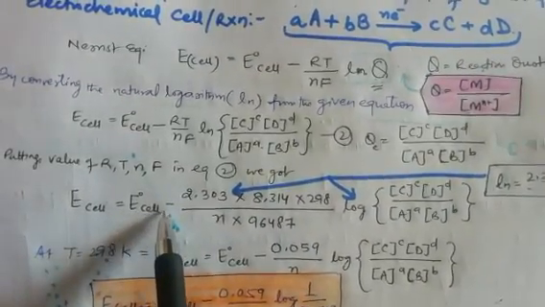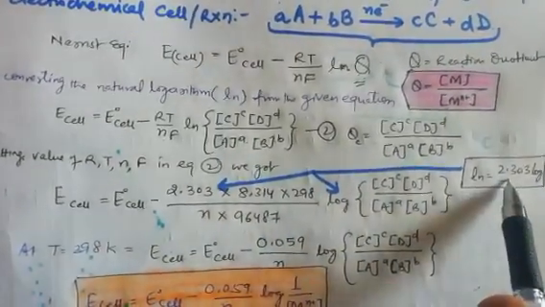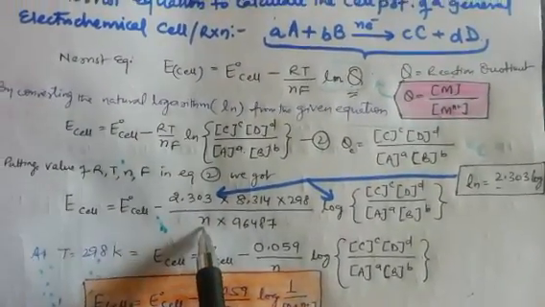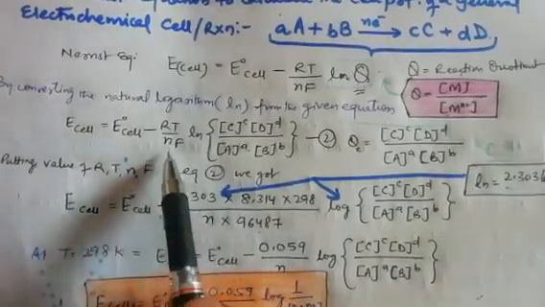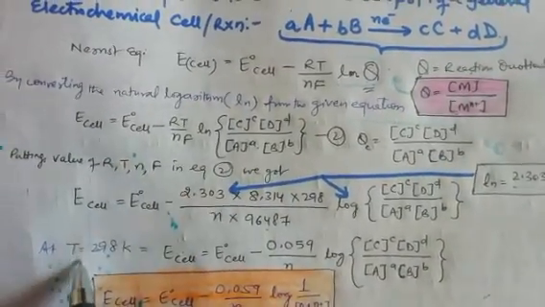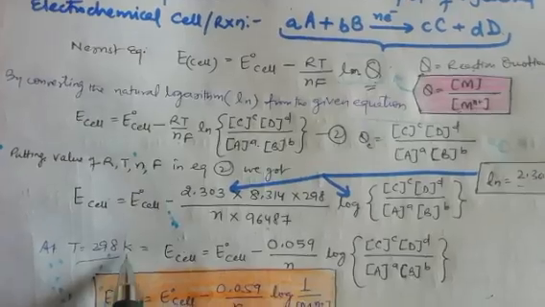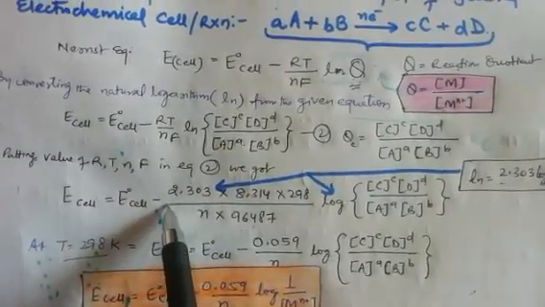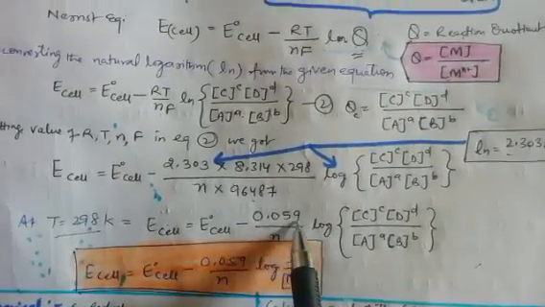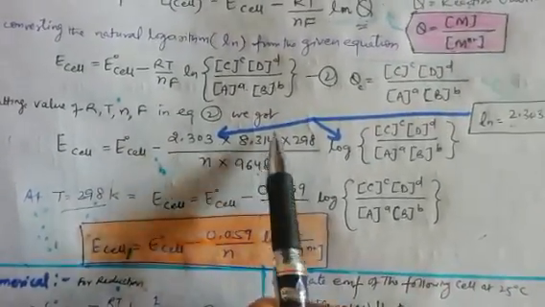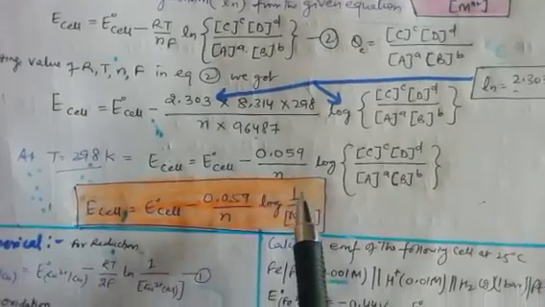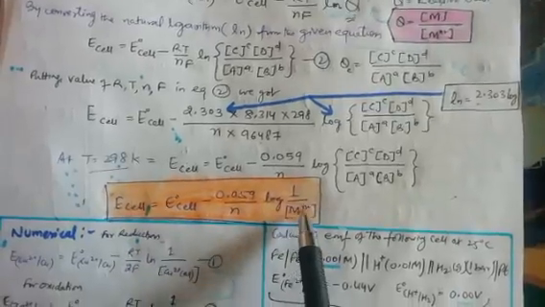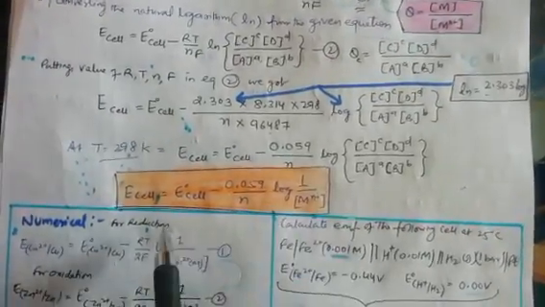So E cell becomes E naught cell minus 2.303, 8.314 is the value of R, 298 is the temperature, n is the number of electrons, and 96487 is F. By putting all these values at room temperature, 298 Kelvin, after calculating with a calculator, it comes to approximately 0.059. So now in place of this we will write this. We simplify the equation, and now we will use this equation to calculate the numericals.